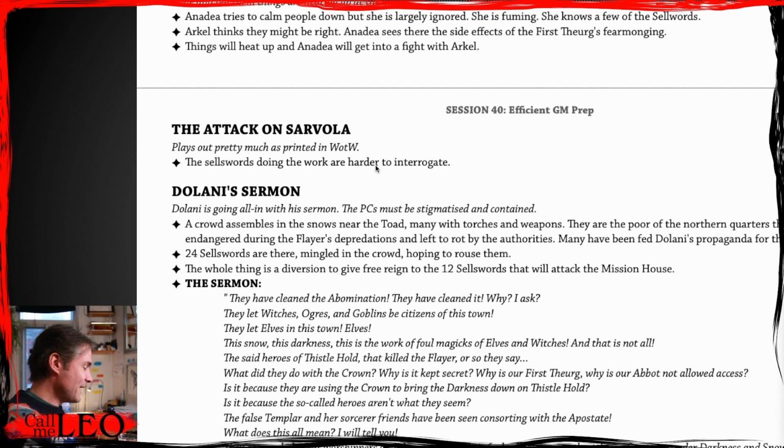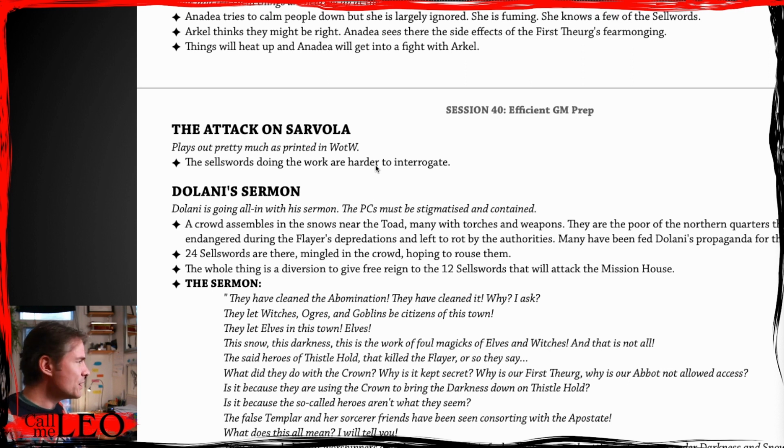So that was, of course, Dolani's plan. The torching of the mission house was for later. It was the end of a process. They planned on doing some more graffiti and getting this mob together on a much deeper level by talking to people for maybe a week.